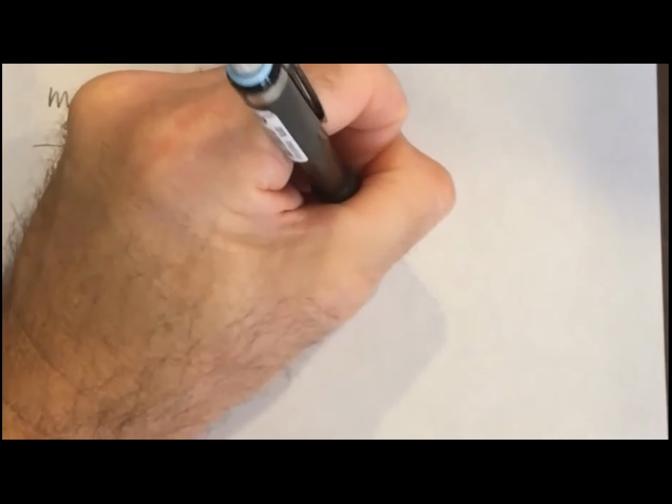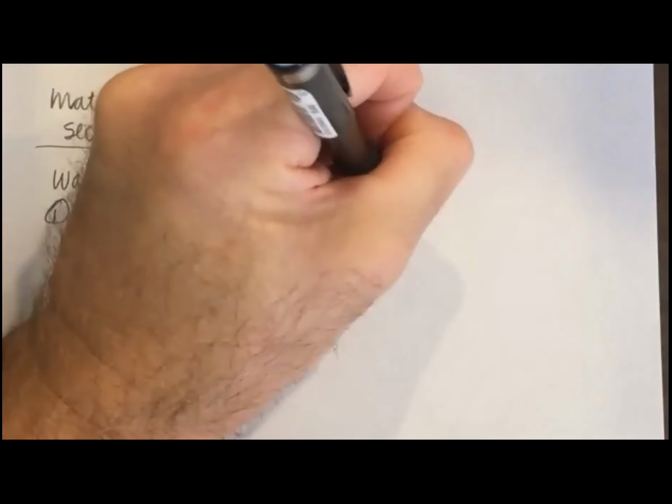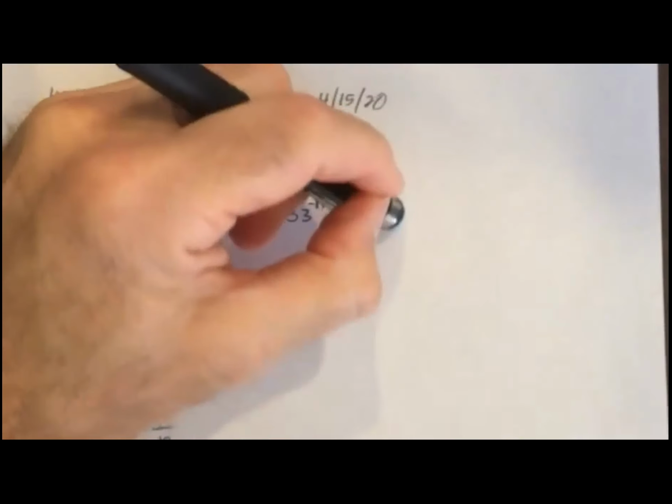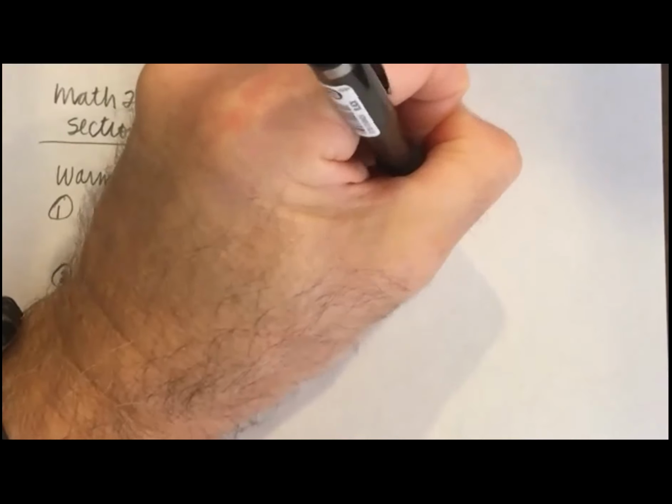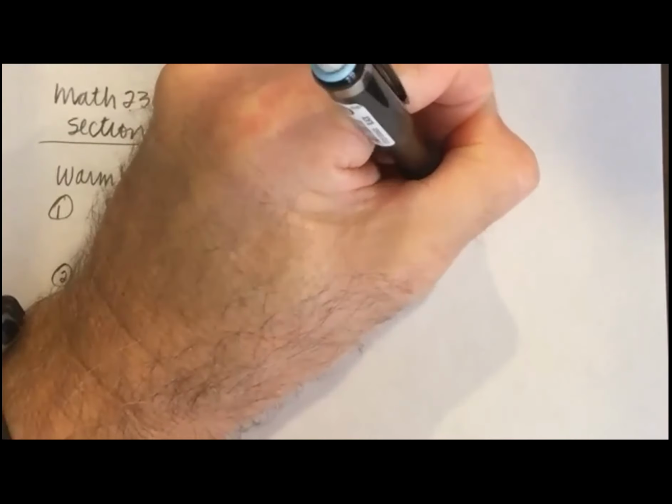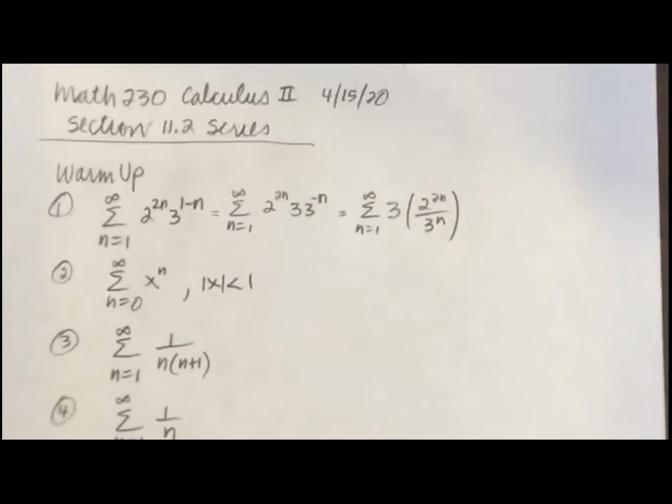Okay, so that looks like it might be the sum, n equals 1 to infinity, of 3 times, and of course you could have factored this 3 all the way to the front, of 2 to the 2n over 3 to the n, because we have a negative exponent.